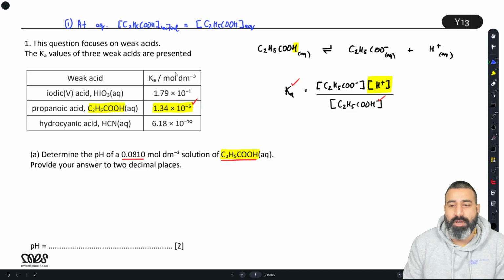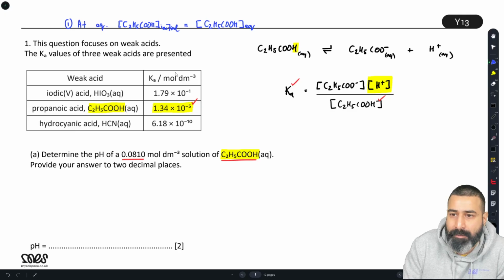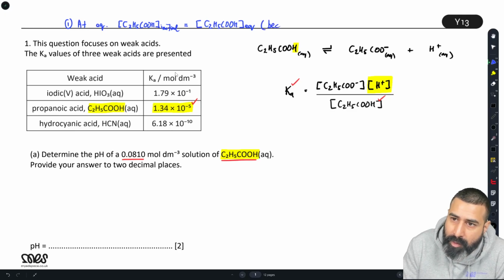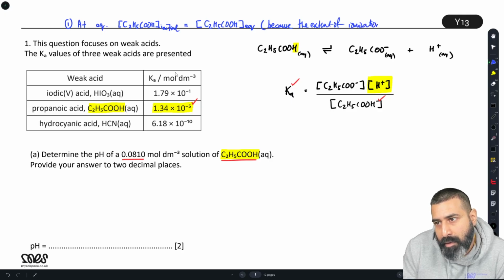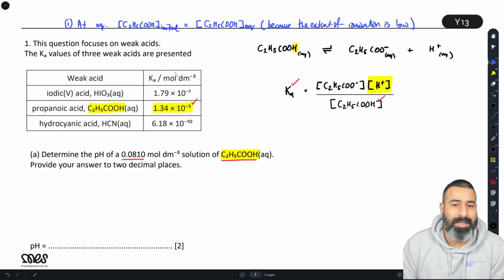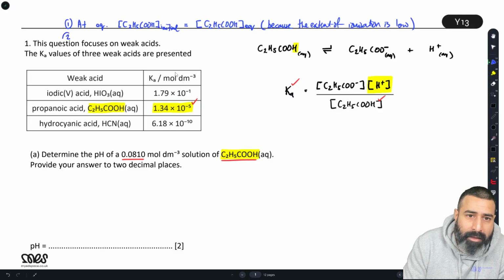So whatever concentration we start with is a concentration at equilibrium. Why can we make that assumption? Because the extent of ionization is low. So we just assume whatever concentration of the acid we start with is the concentration of the acid that we end with.